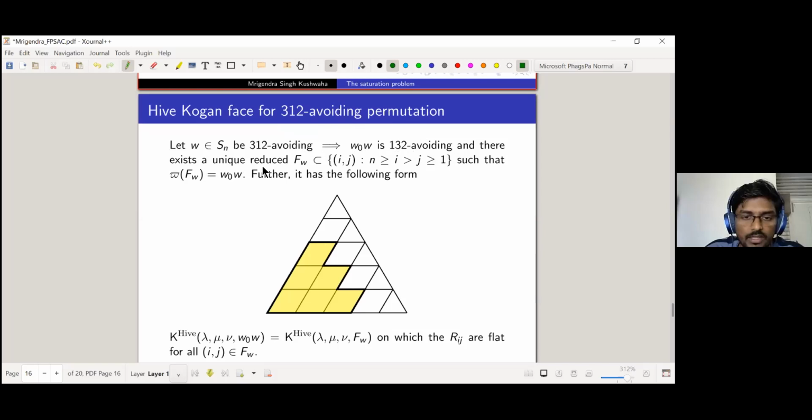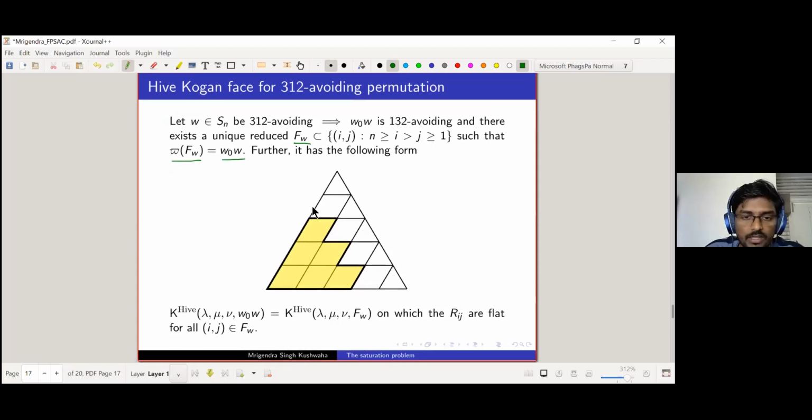In that case, there exists a unique phase F_W such that the omega of F is equal to w naught W. Remember, I told you before that for a given word, there could be many phases which give the same word. But what is the special property of W being 3-1-2 avoiding? There will always exist a unique phase F_W such that the omega of F is equal to w naught W. And not only that, this has a special form.